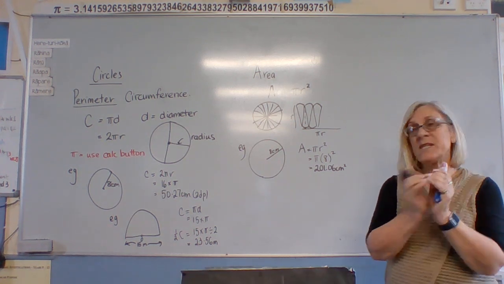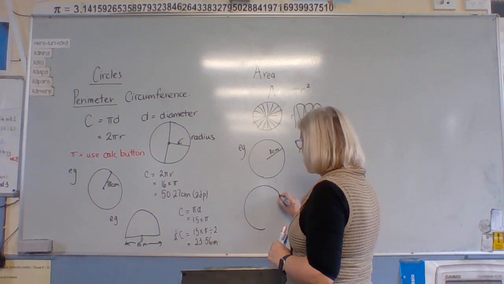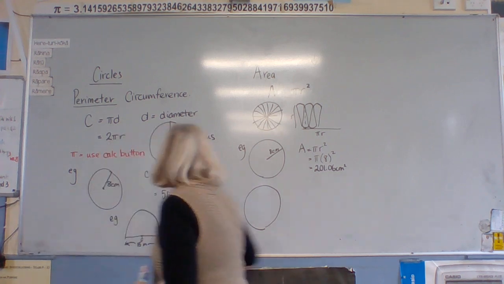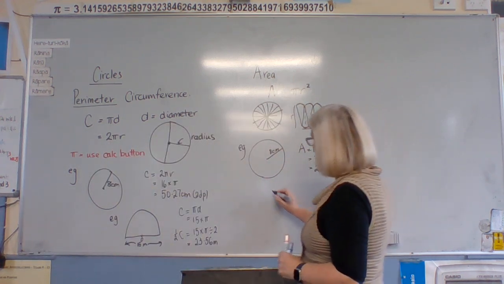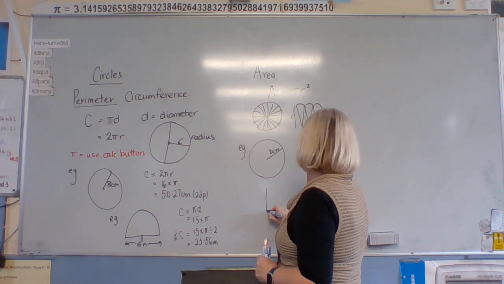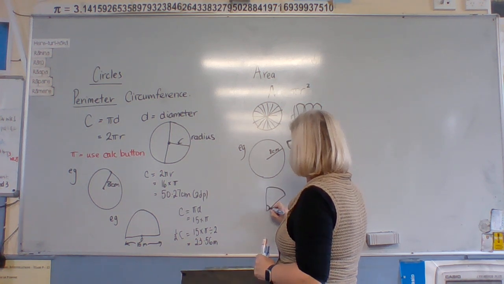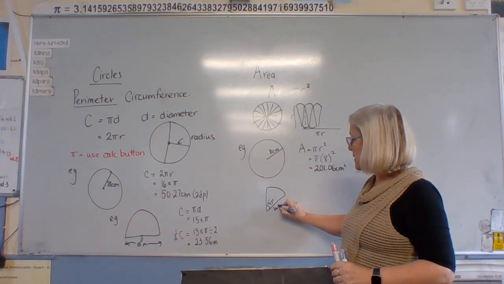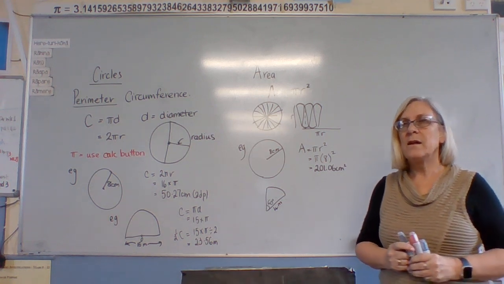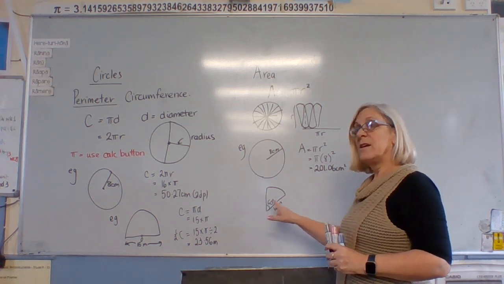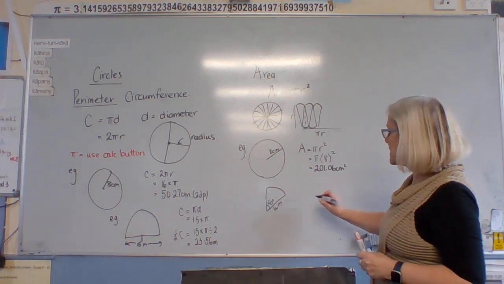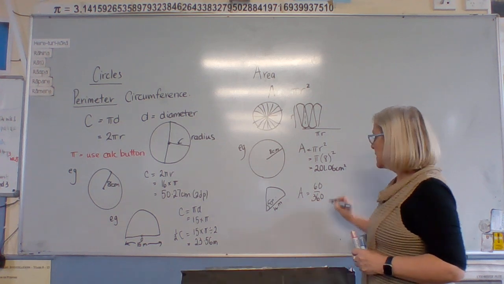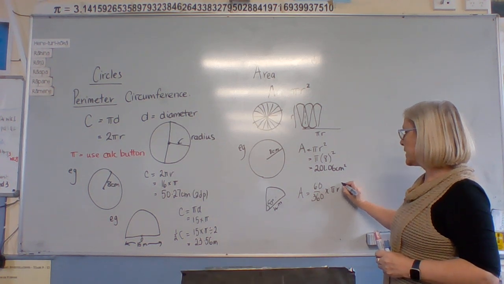Again, if we were looking at a bit of a circle, so sometimes we have to, oh, that's a terrible circle. Actually, I'm only going to draw a bit. How much of a circle is that? How a whole circle is? So it's 60 out of 360. So our area will equal 60 over 360, that bit, times pi r squared.